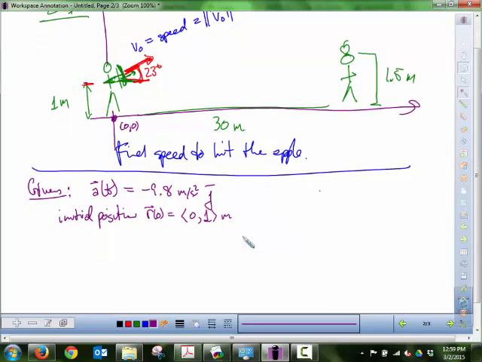Now, to get the initial velocity, which is another piece of information we need to be able to tell the whole story here, we need some information resolving this vector.